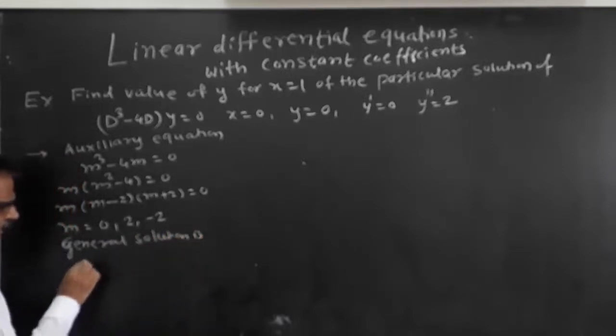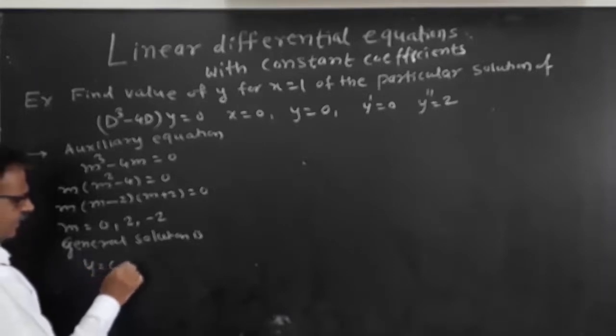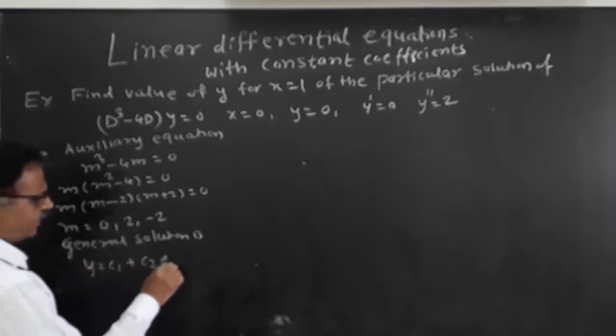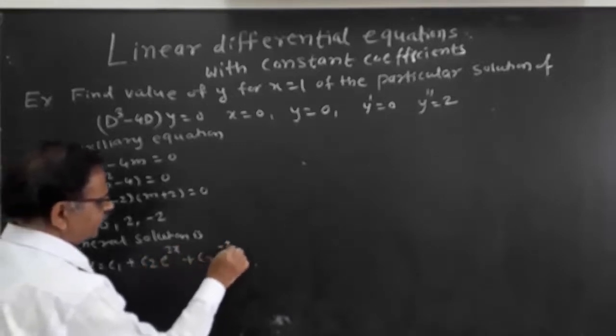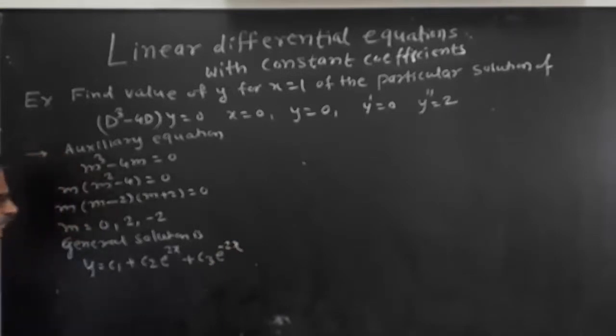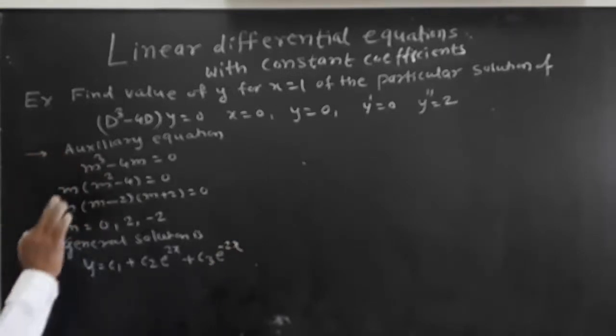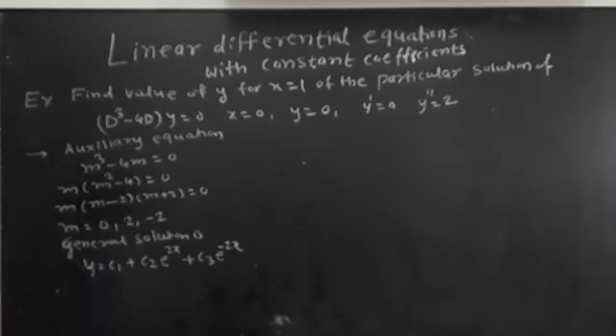y equal to C1 e raised to 0x, that is C1, plus C2 e raised to 2x plus C3 e raised to minus 2x. For finding the values of C1, C2, C3, we shall use the conditions given, and in the given conditions we need y dash and y double dash.